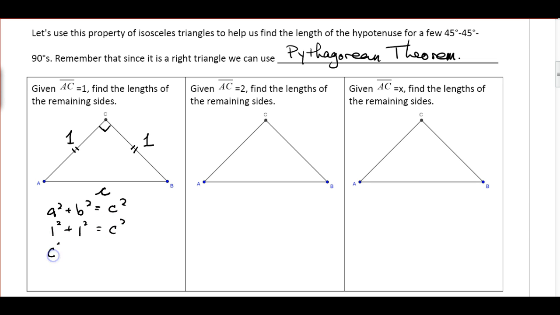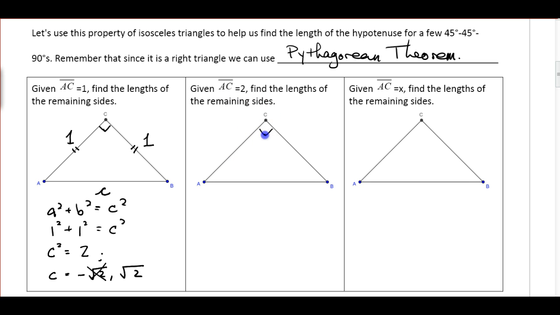So c squared is equal to 1 plus 1, so that's 2, which means that c is equal to negative root 2 and positive root 2 by the algebra, but we know that it can't be negative because we're talking about a triangle. So when the legs of the triangle are each 1, the hypotenuse is the square root of 2. Alright, let's move on to the next one.